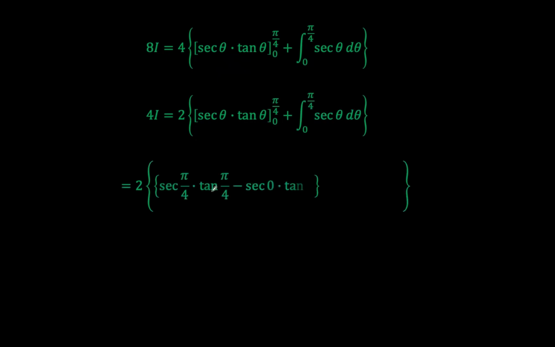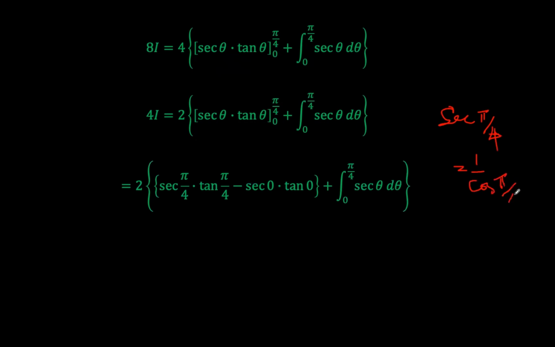So sec pi over 4 tan pi over 4 minus sec 0 times 0. So sec pi over 4 is the same as 1 over cosine pi over 4.